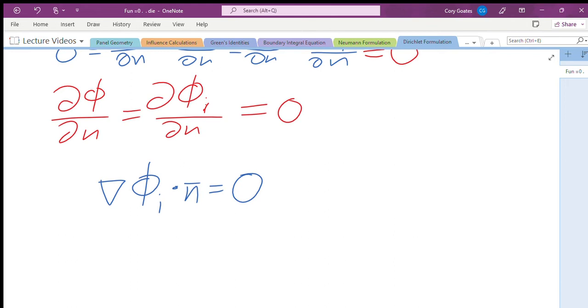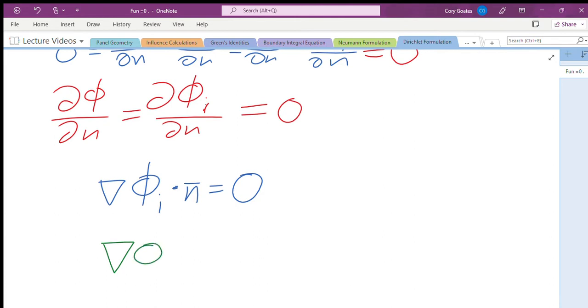Now, if I want this equation here in blue satisfied, I'm sure there are numerous different ways to do this, but, well, maybe not, since phi satisfies the Laplace equation. But anyway, at least as far as the information we have here, a sufficient condition for making this blue equation true is that we can simply state that grad phi I is equal to 0.